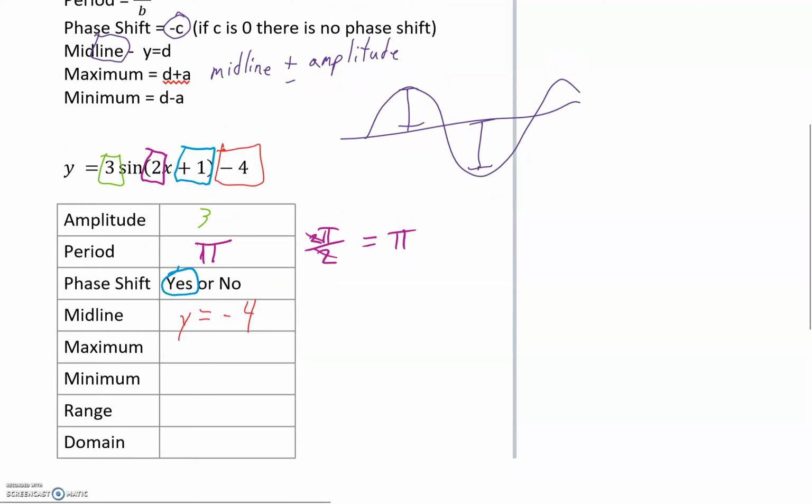What else can we do? We can get the max and min by writing d plus a, which is the midline plus the amplitude, and the minimum would be d minus a. So -4 minus 3 is -7, and here we'd have -1. Our maximum is -1, our minimum is -7.